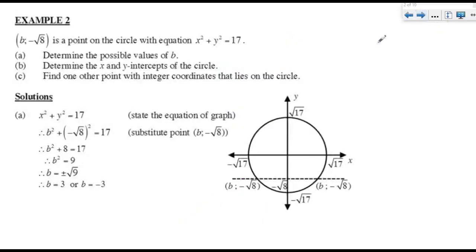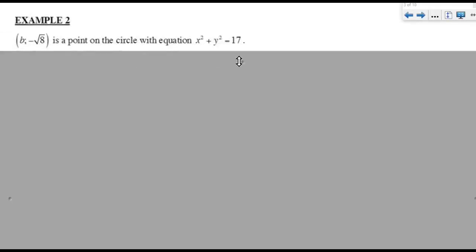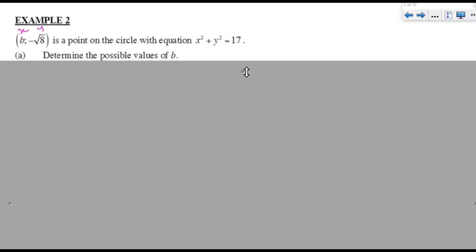Question number 2, interesting question, very busy question. They gave you a point with an unknown, so that's your x, which is b, and that's your y, which is minus 8. It is a point on the circle x squared plus y squared equals 17. First question, determine the possible values for b.